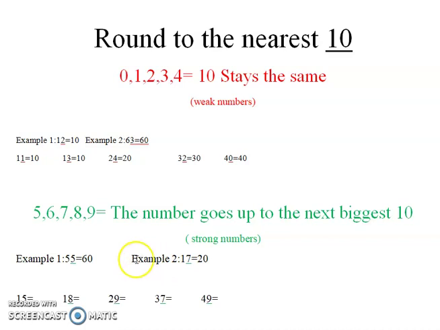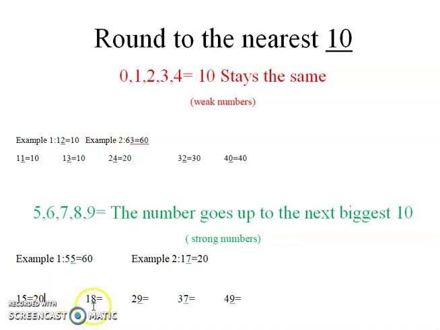Good. So let's try these problems here together. Okay? So we have number 15 here. So let's refer back to our strong numbers. So 5 is underlined. And is 5 a strong number or a weak number? Well, it's a strong number. So it's going to push our 1 up to 2, and we're going to round up to 20.